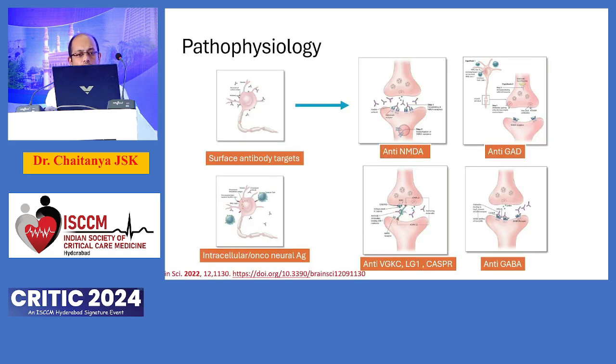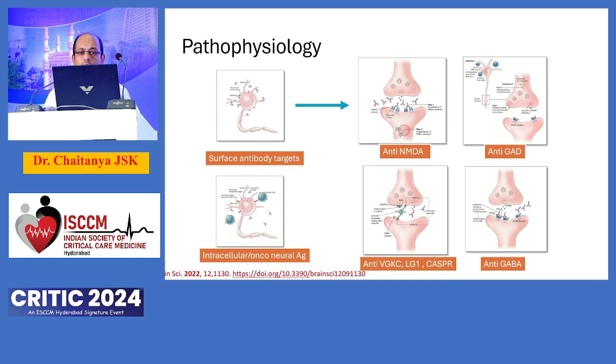So pathology: the surface antibody targets are predominantly anti-NMDA, anti-GAD, anti-GABA, and anti-VGKC, which was initially labeled anti-VGKC, but now with newer discovery, they are able to identify them as LGI1 and Caspr.